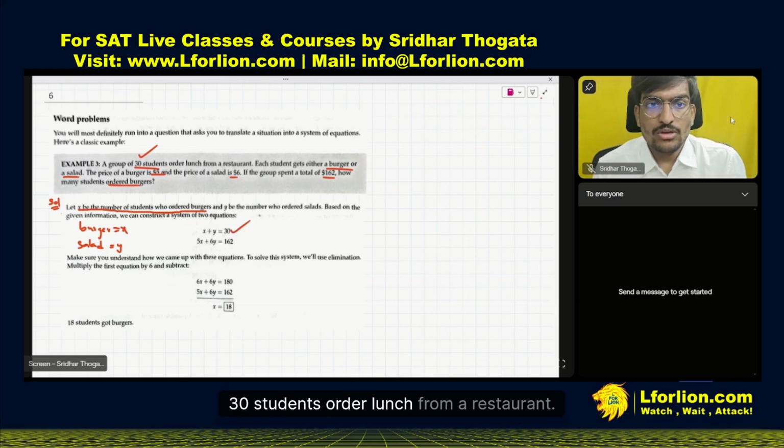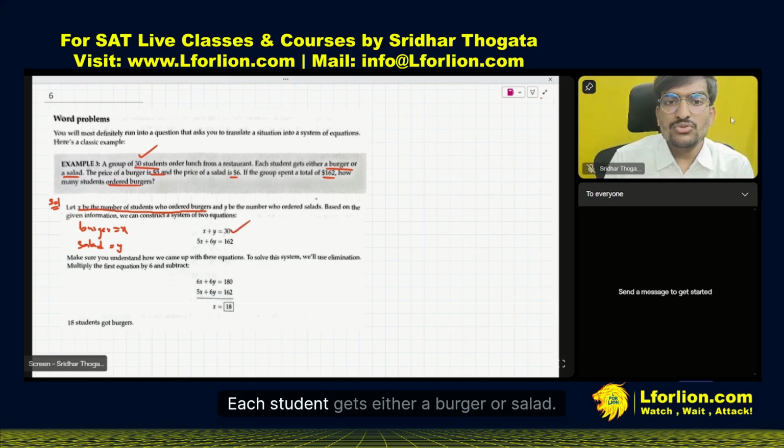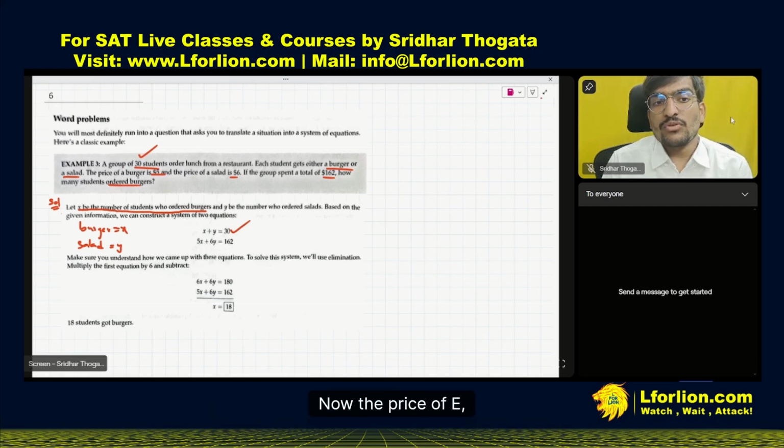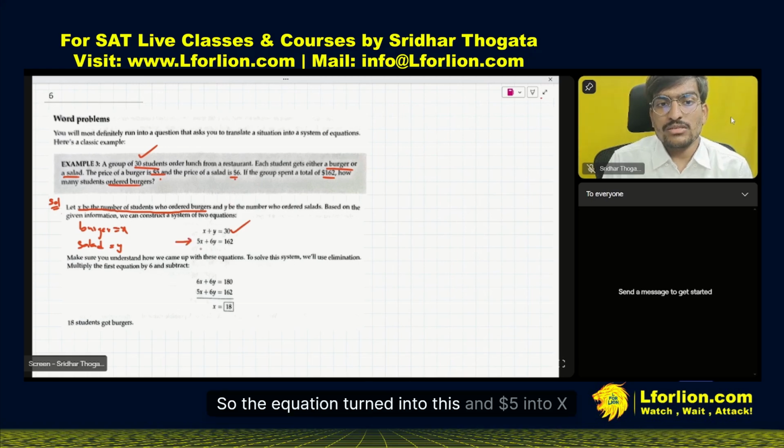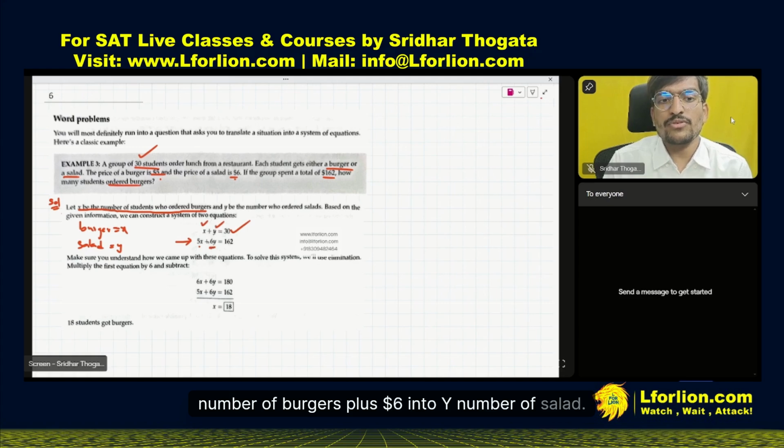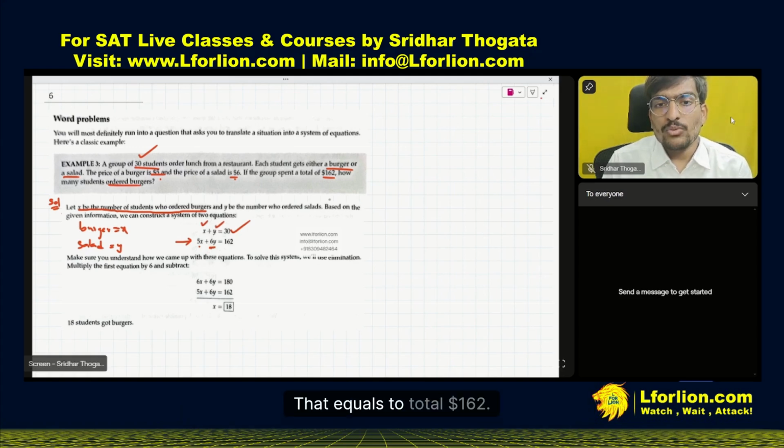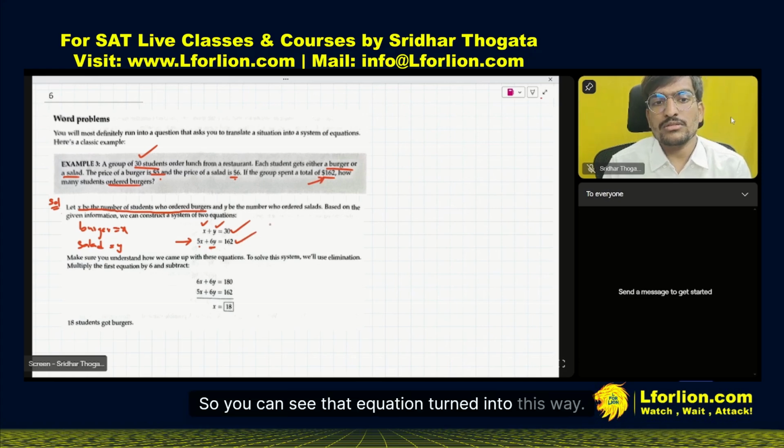Each student gets either a burger or a salad. Now the price of a burger is $5 and the price of a salad is $6. So the equation turned into $5 times x burgers plus $6 times y salads equals a total of $162. So you can see the equation turned out this way.